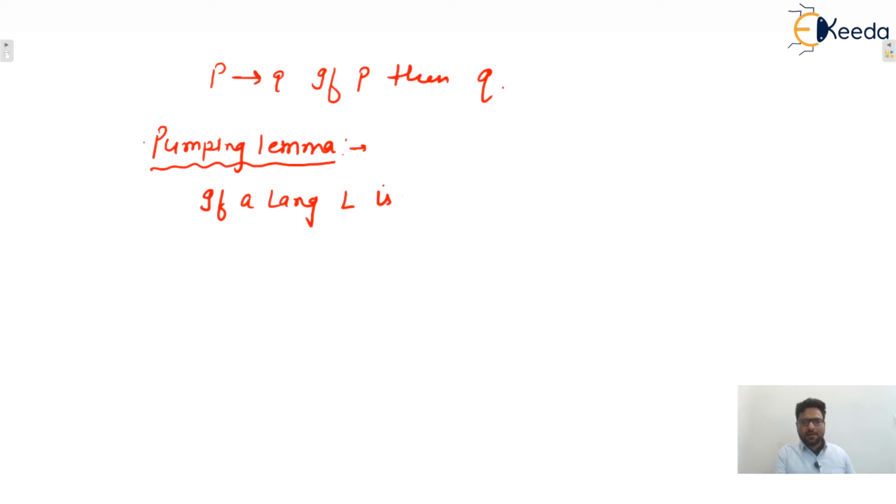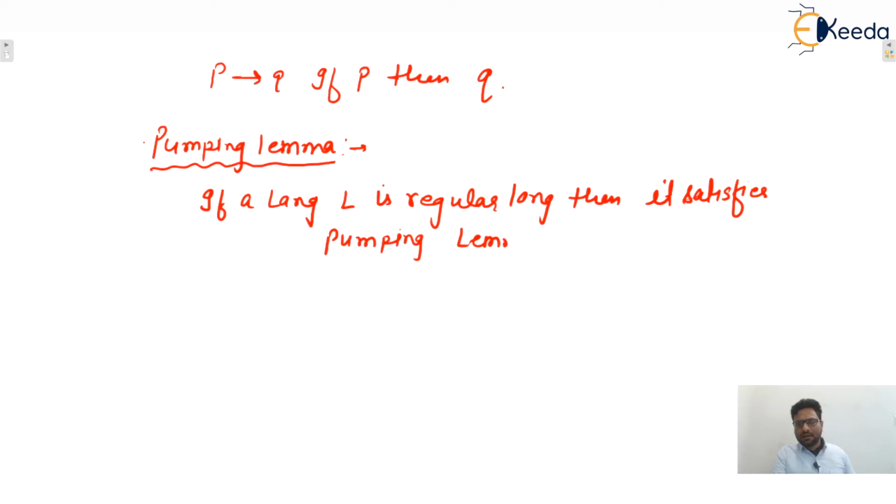L is a regular language, then it satisfies the pumping lemma for regular languages. So we can write it like that, P implies Q, because if-then is there.